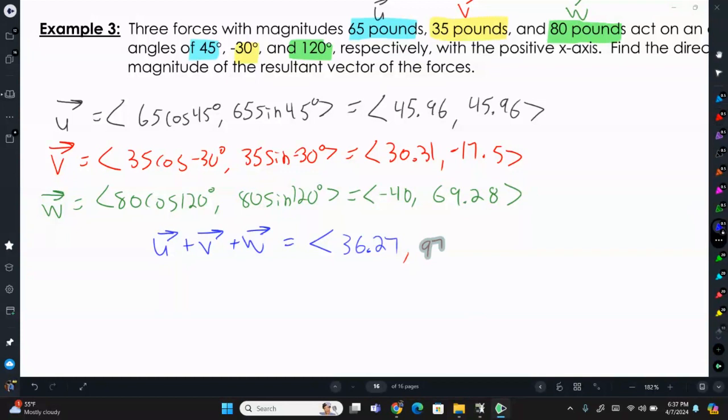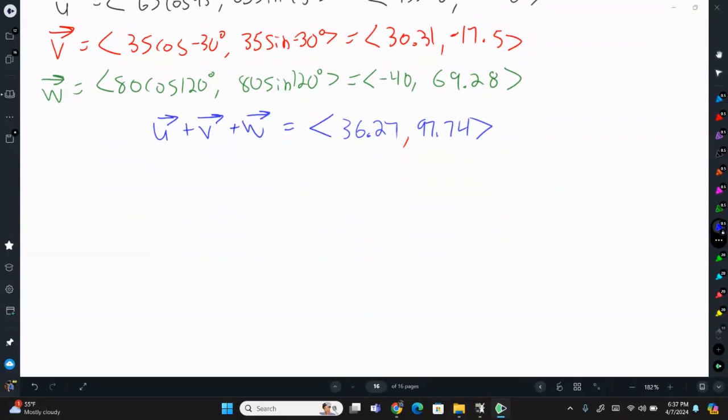Let's go back to blue. 97.74. So all these forces being added together, the object's moving 36.27 in the x direction, and then 97.74 in the vertical direction, and that's in quadrant 1 because both the x and y parts are positive, which makes the direction angle easy.